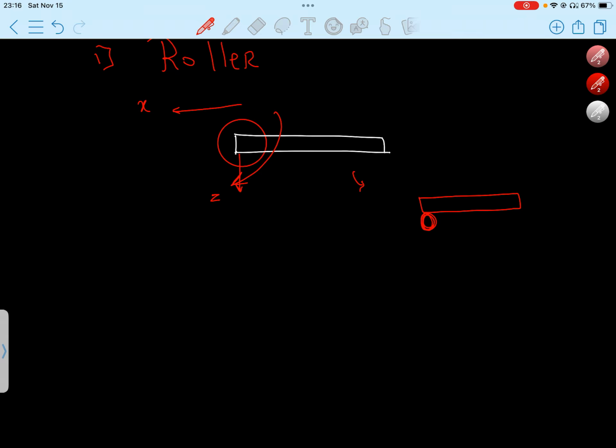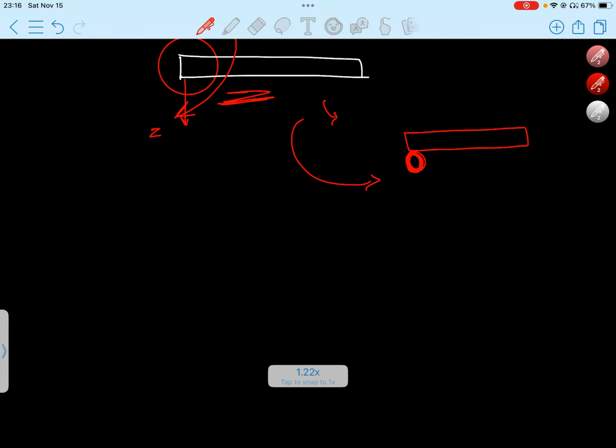Just to explain the rotation better, I used this diagram, but actually the diagram is this. So motion in the y direction is not possible. We are not considering the z direction as we are only concerned with 2D diagrams over here, and translational motion in the x direction is possible and rotation is possible.